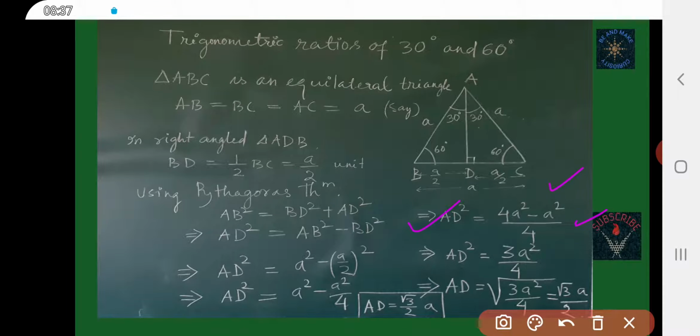So AD square is equal to 4A square minus A square, 3A square by 4.